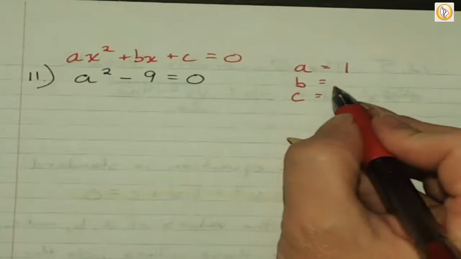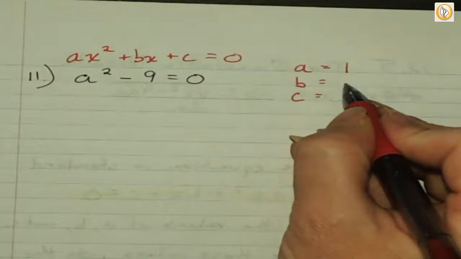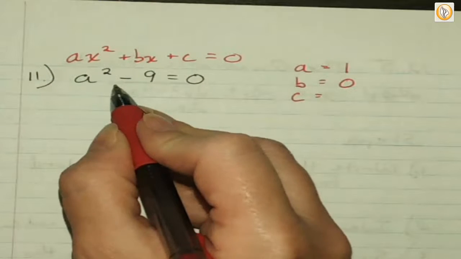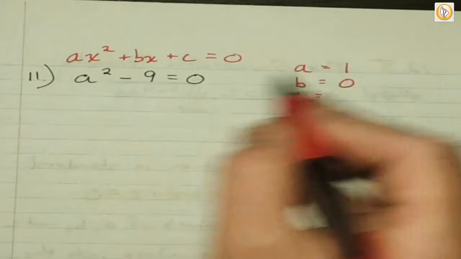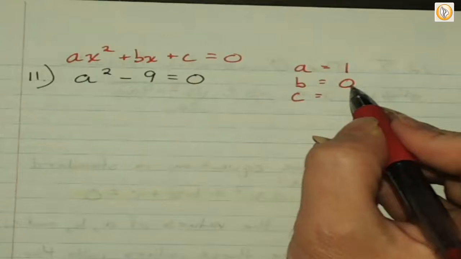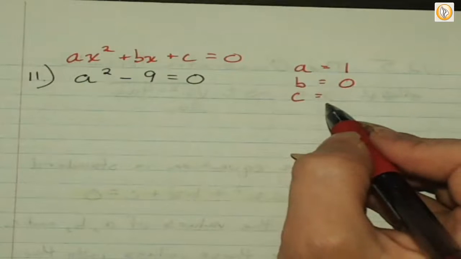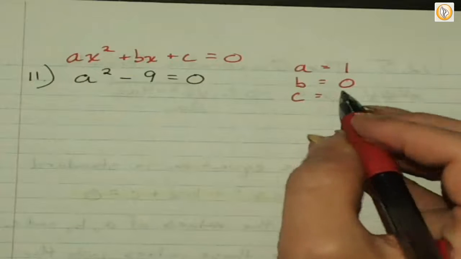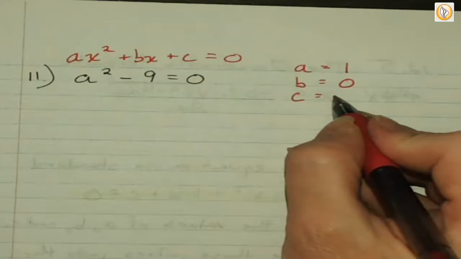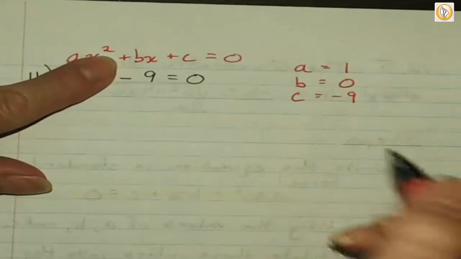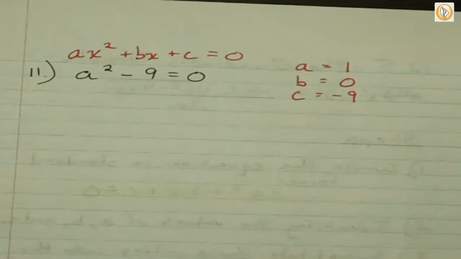Michael, what is the value of b? 0. Because there's no b, guys, right? So then the value is 0. Don't just leave it out. It's just a 0. And then, Gabby, what is c? Negative 9. That's right. Don't forget it is negative.